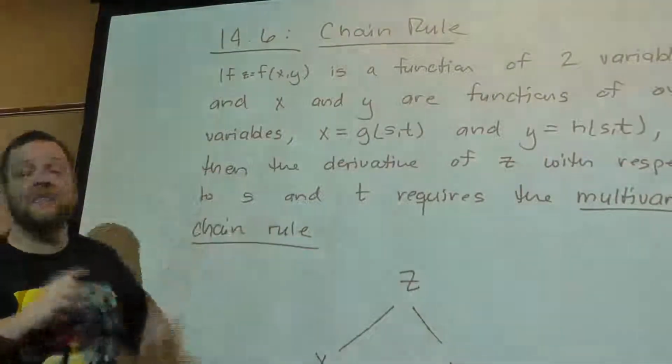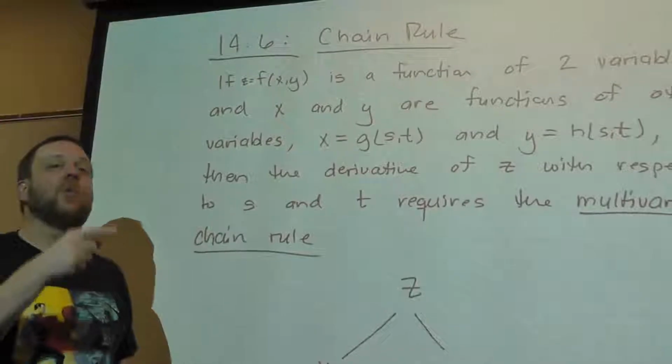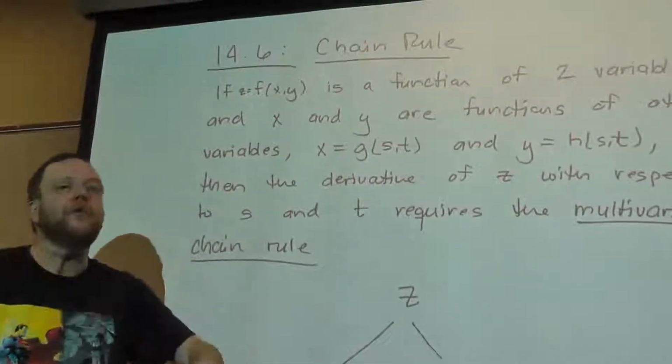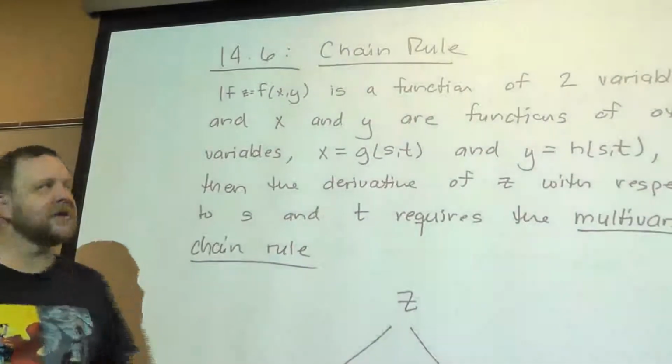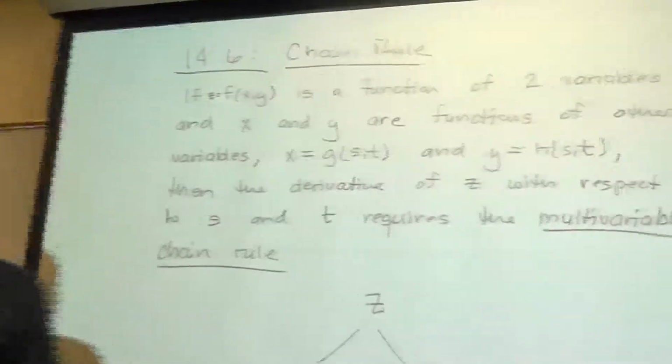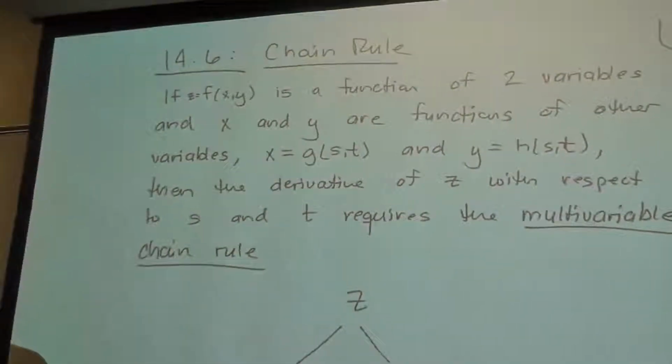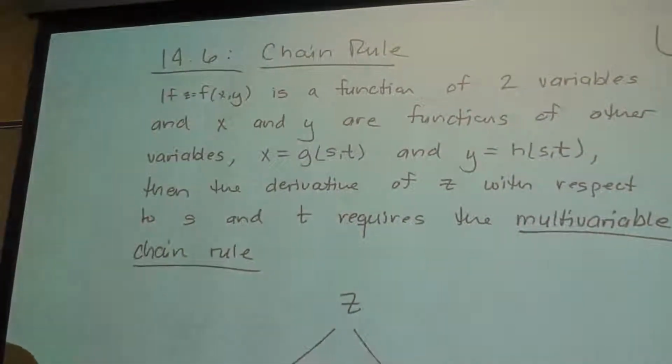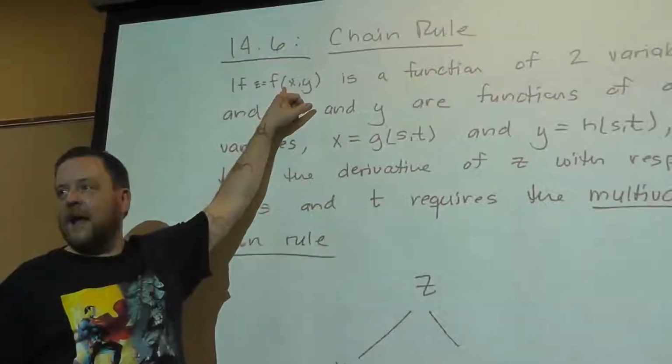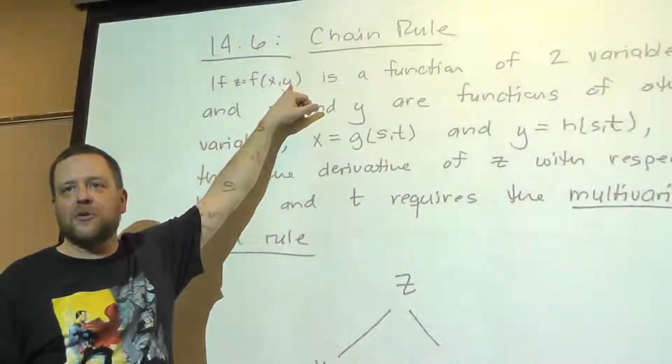X and y. Then individually, x and y are also functions of other variables. So for example, to go with the example of something you've seen on the test 2 review, maybe Z measures wave height as a function of wind speed and of time duration during the day.